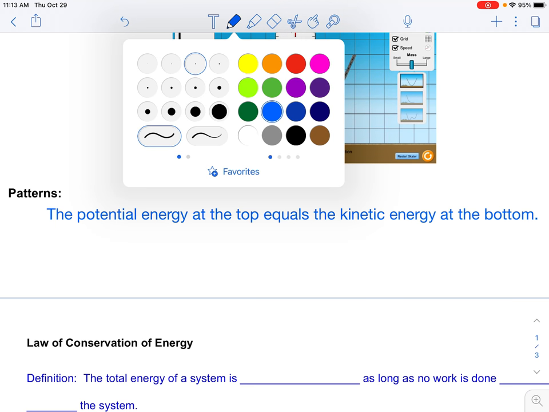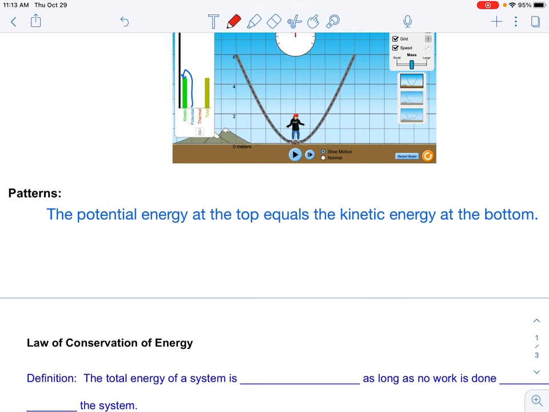Okay, welcome back. So we can describe this using mathematical symbols as well. Potential energy, PE, equals kinetic energy, KE. And potential energy at the top, we can write top in a little subscript, and KE with a little subscript.